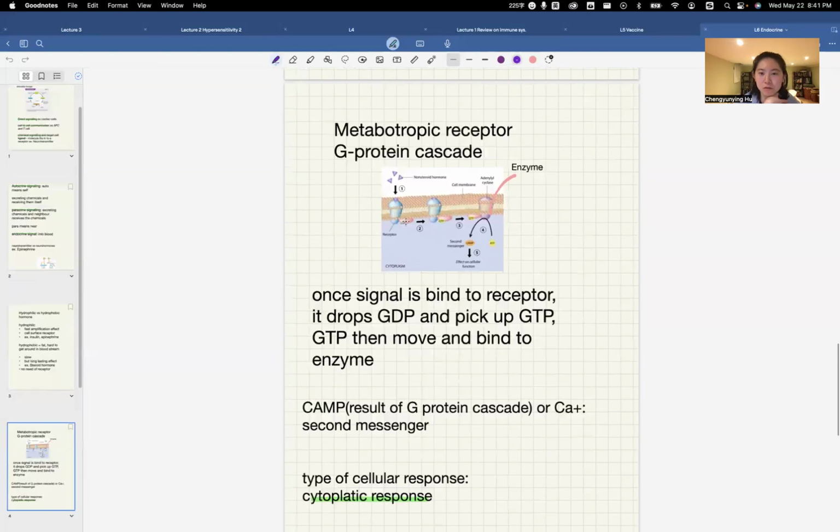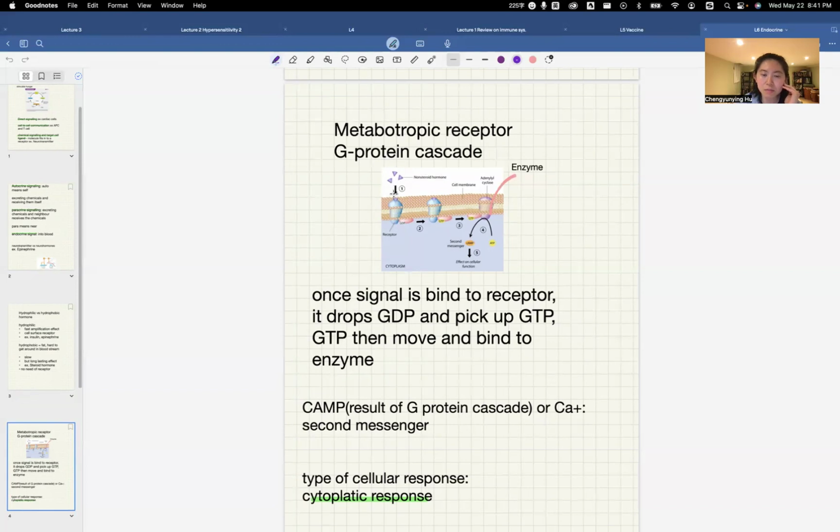Okay, so now we're going to talk about what happens with a hydrophilic hormone. A hydrophilic hormone, made by water, cannot cross the phospholipid bilayer. It will bind to a receptor coupled to a G protein. There's a receptor here, and under the G protein we have GDP.